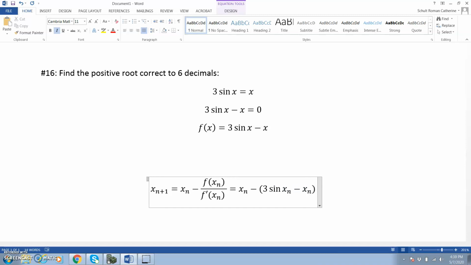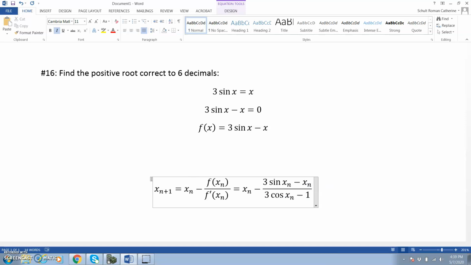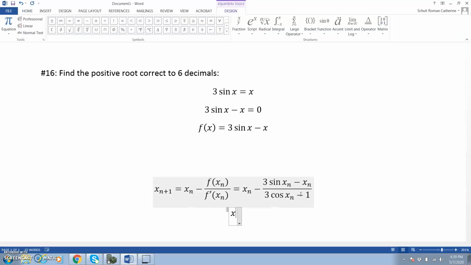And then the derivative of that is going to be 3, derivative of sine is cosine x to the n, and the derivative of x is just 1. So that's what we're doing, and we're going to use this whole expression in our calculator. I'm just going to write it one more time down here so we can refer to it very quickly.